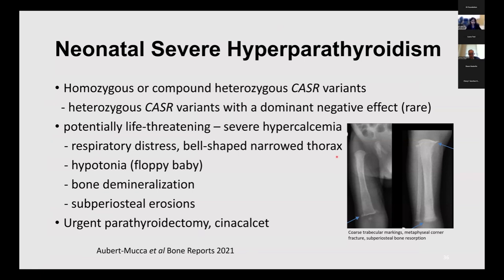They develop a bell-shaped narrow thorax, and in terms of the skeleton, they present with subperiosteal erosions and diffuse bone demineralization, which you may be able to appreciate on these X-rays. These patients are managed with urgent parathyroidectomy. Cinacalcet may be used as a temporizing measure.